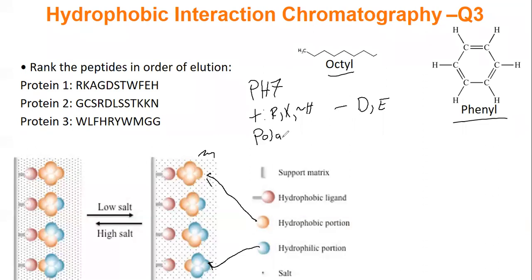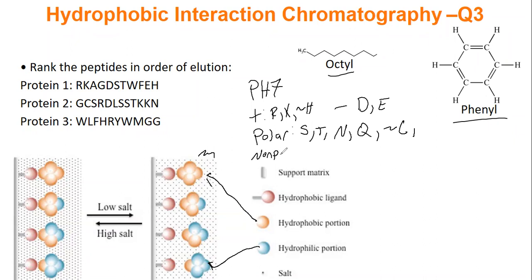Our polar amino acids are S, T, N, Q, sometimes C. Cysteine is somewhat polar, somewhat non-polar. Depending on what experiment you look at, cysteine behaves either way.